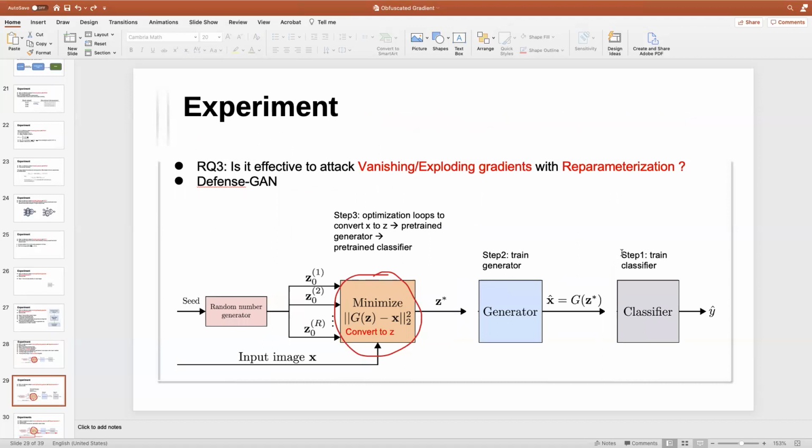Once again, there are in total 3 steps for DefenseGAN. The first step is to train a classifier. Step 2 is to train a generator. And step 3 is to connect the optimization network, which can convert X to a hidden vector Z. Then we feed Z into the pre-trained generator and pre-trained classifier.